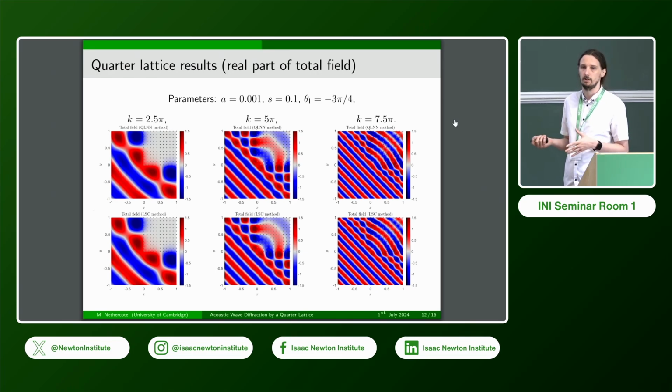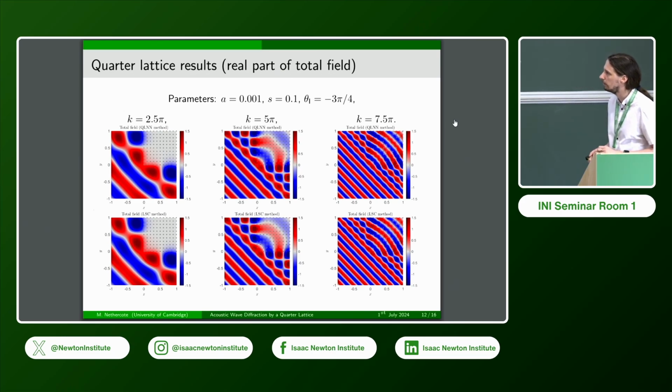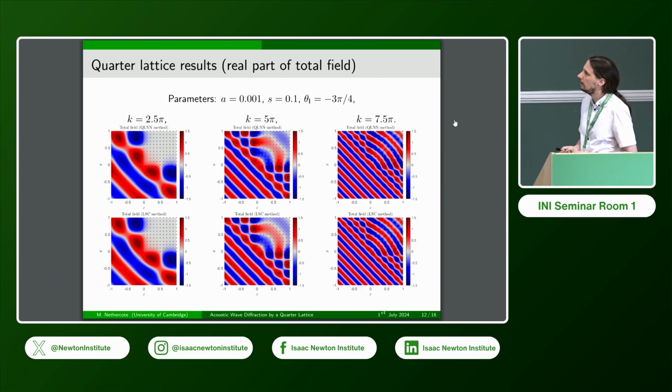But there are three main takeaways. The first is that each of these methods work better for smaller wave numbers. And this kind of makes sense because each of them were built using Foldy's approximation, so it was kind of expected.